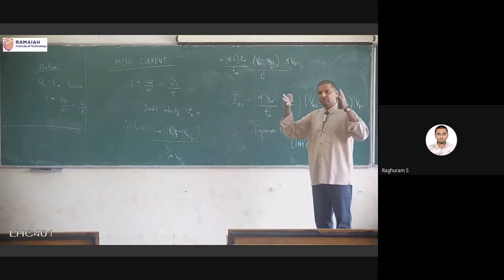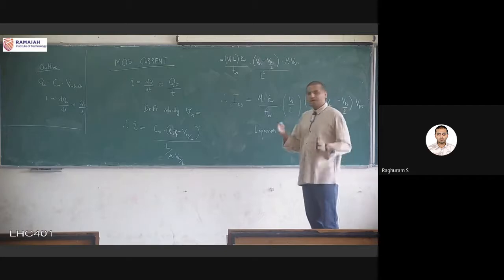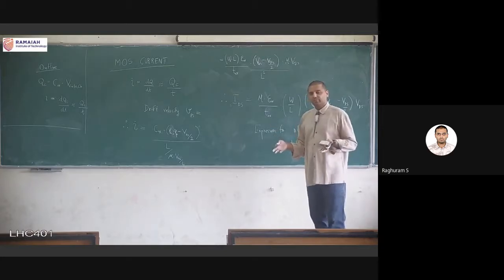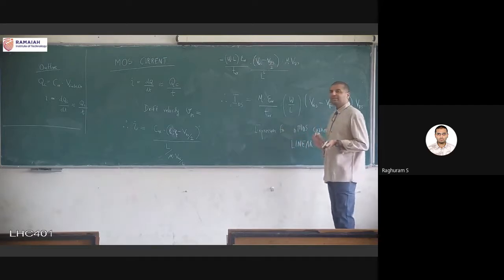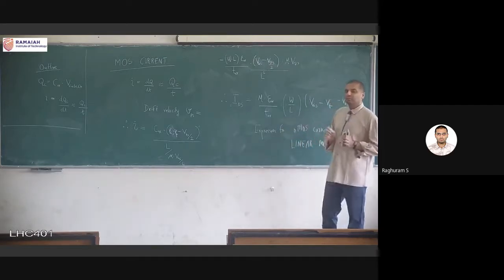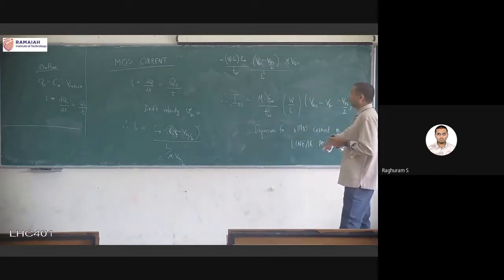What is the length of the channel? What is the distance the electrons are traveling, etc. Because the channel is existing from the source to the drain, it means that this expression that we have derived is true for the linear mode of operation. So this is what I have written here.